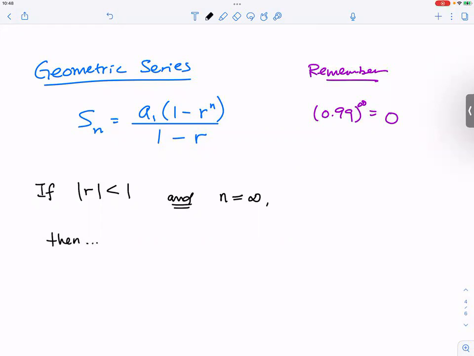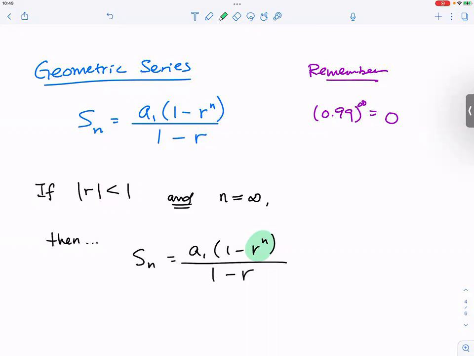Now I want you to see what's happening here with the equation that you saw earlier. If you have an r value that is less than 1, which is a fraction, and n is going to be infinity, what's going to happen with r to the n power?